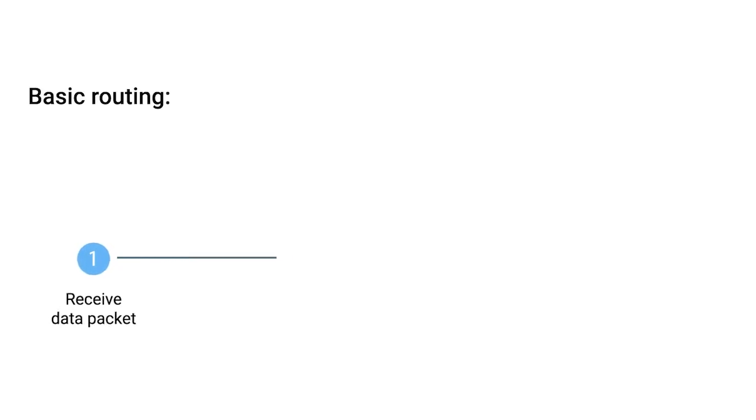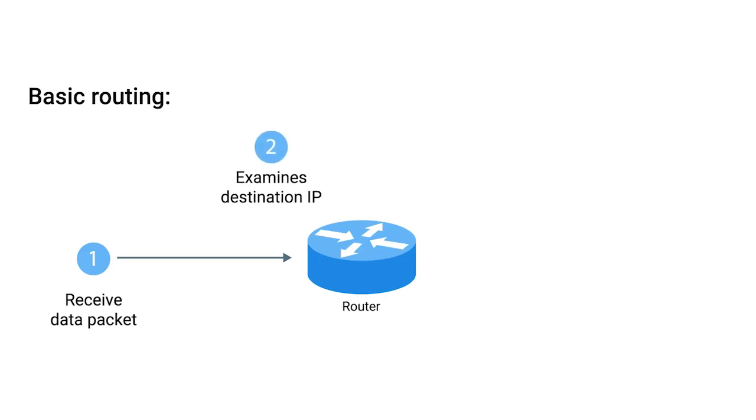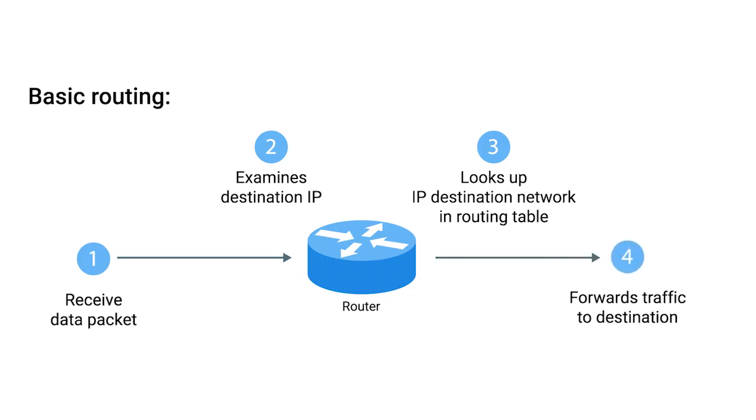Basic routing has just a few steps. 1, a router receives a packet of data on one of its interfaces. 2, the router examines the destination IP of this packet. 3, the router then looks up the destination network of this IP in its routing table. 4, the router forwards that out through the interface that's closest to the remote network, as determined by additional info within the routing table. These steps are repeated as often as needed until the traffic reaches its destination.